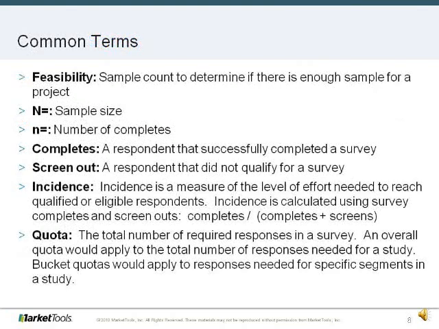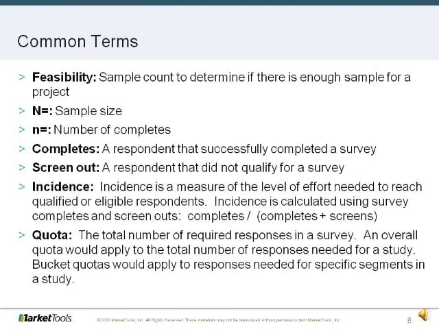Before we share with you some contact information to help you as you move forward with your online market research project, we wanted to define a few of the other common terms you are likely to come across. Feasibility, a determination as to whether or not there is enough sample to give you relevant information for your project. A capital N. This is the total sample size, the number of people that surveys will be sent to.